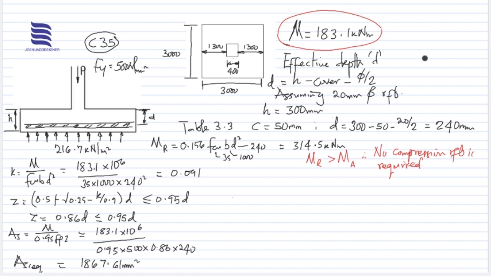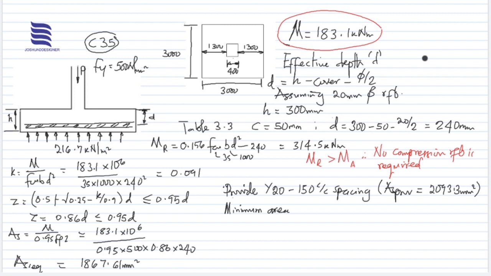Either of the two you use, you should arrive at the solution to provide Y20 members at 150 center to center spacing. So here the area of steel provided is 2093.3 millimeters squared.